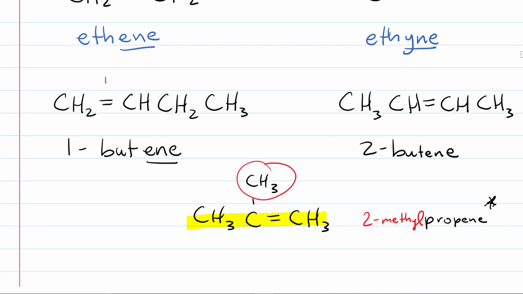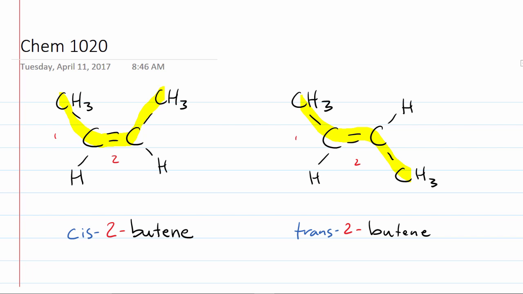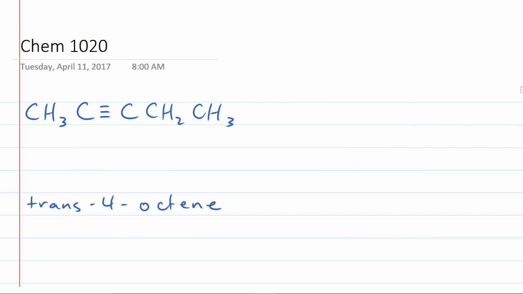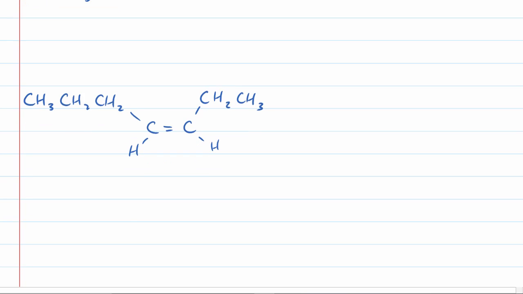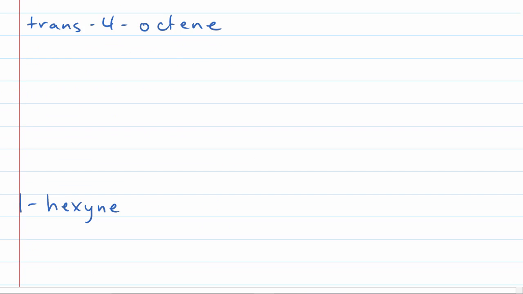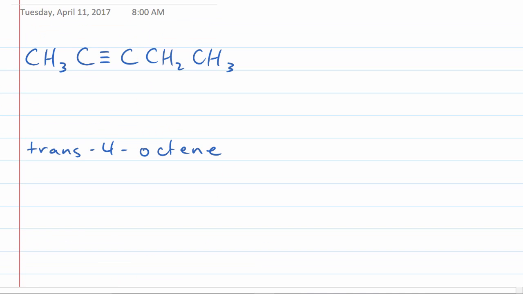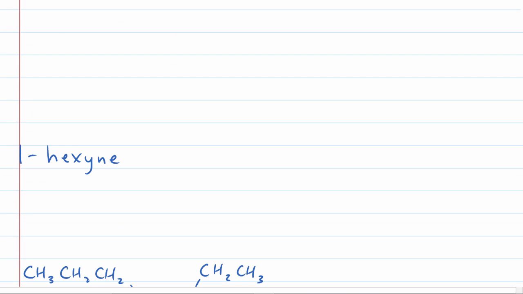So now, let's go ahead and look at your second page of the handout, which looks like this. We want to assign some names to these and draw some structures. So let's see. I will help you with the first one.